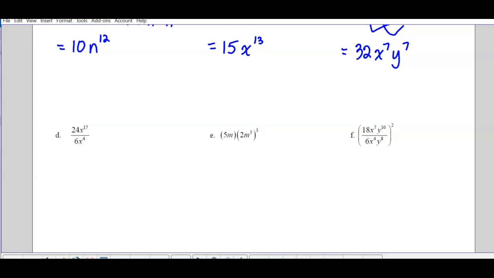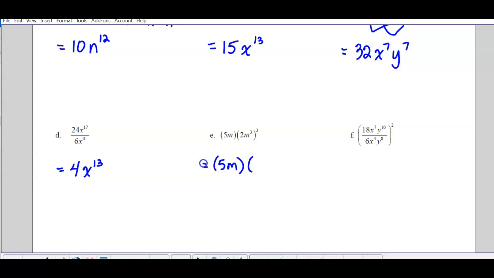Then dividing, same thing. If we didn't have those there, 24 divided by 6 is 4. But we do. So take a look. X to the 17 divided by x to the 4. Well, you subtract the exponents, so that's x to the 13. Okay, and then the next one, that's 5m, nothing to do in there.